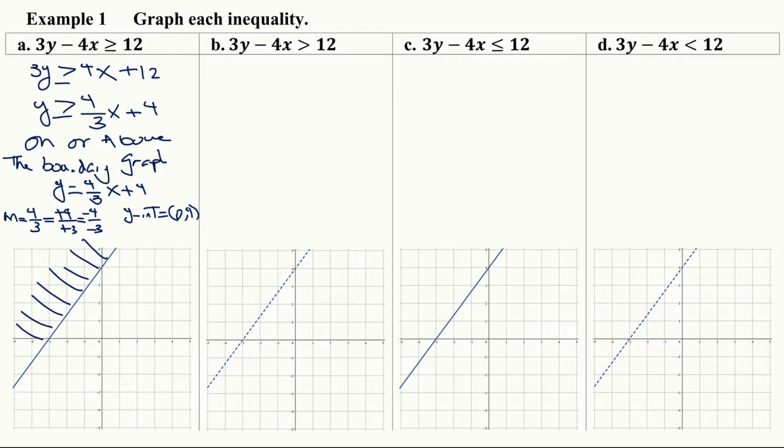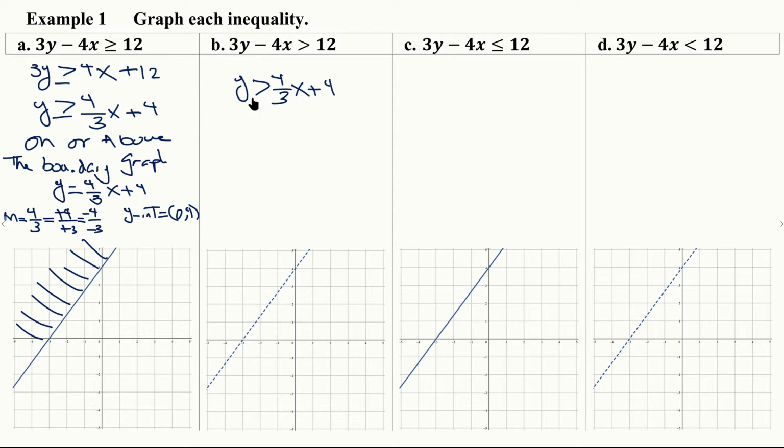Now, the next one looks very similar to this one, except it's strictly greater than, right? So we don't need to go through all these steps anymore. We've already done it. So we're just going to write it as y greater than 4/3 x plus 4, right?